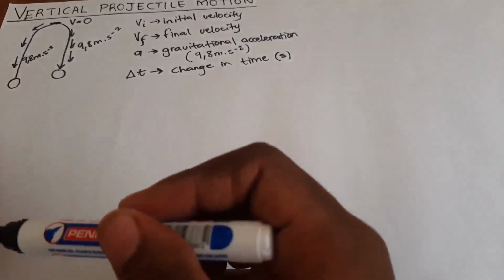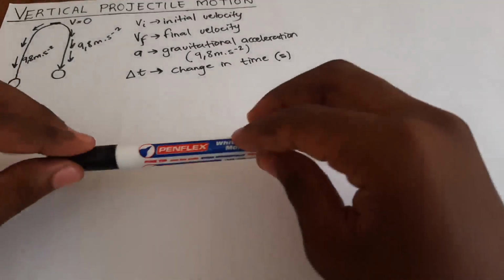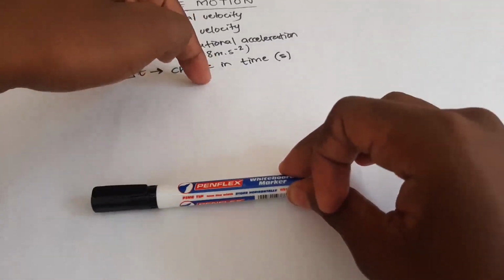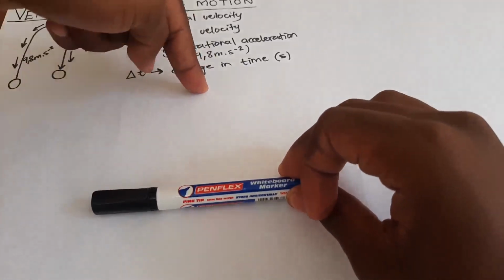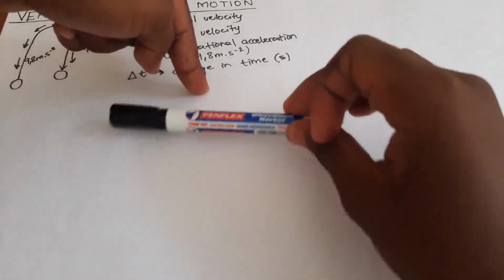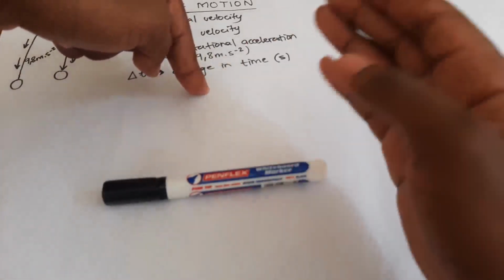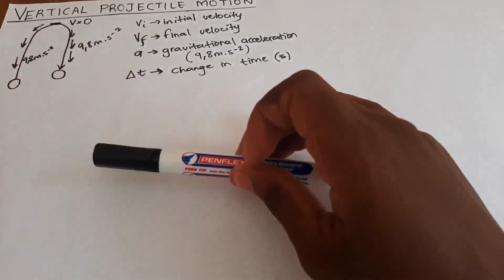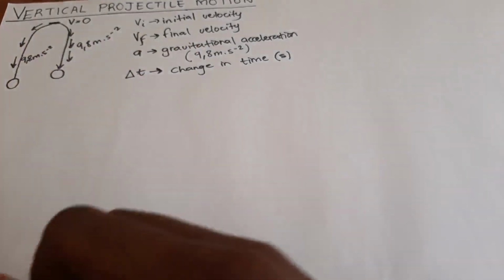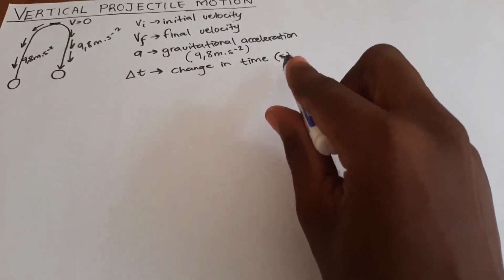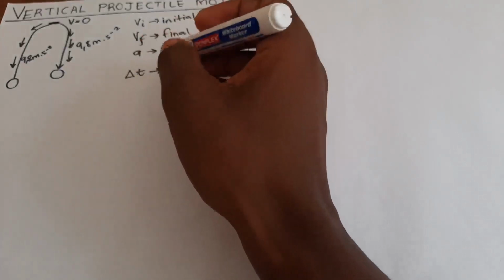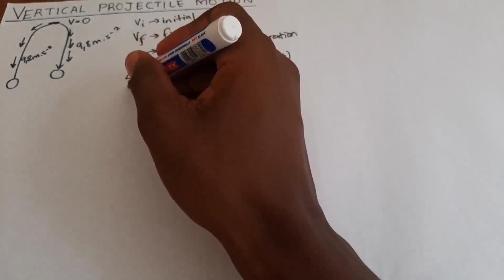So our object, when projected from point A to point B, for example, how long is it going to take to get to point B? Maybe 4 seconds or 3 seconds or 1 second, whatever the case may be. So this is why we're going to be speaking about change in time, and its units are seconds.